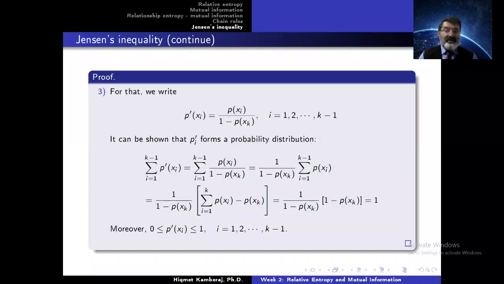Then on the next line, the sum of i from 1 to k minus 1 can be written as the sum of i from 1 to k of p of xi if I subtract the term that I added, which is for i equal to k, p of xk. Then I get 1 over 1 minus p of xk, times the sum of i from 1 to k of p of xi minus p of xk.